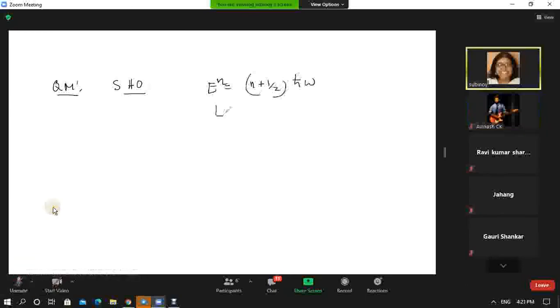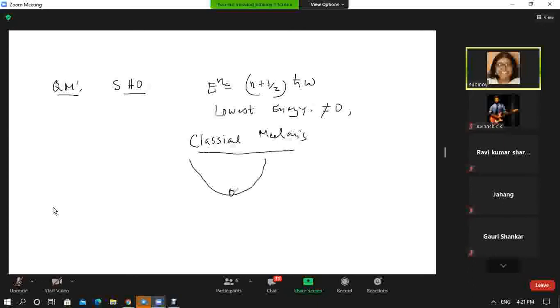So the lowest energy of energy when there is no movement... Lowest energy is not zero in quantum mechanics, but in classical mechanics, when there is no movement in a harmonic oscillator, when the kinetic energy comes to zero, then the lowest energy E can be zero when both KE equals zero and P equals zero.